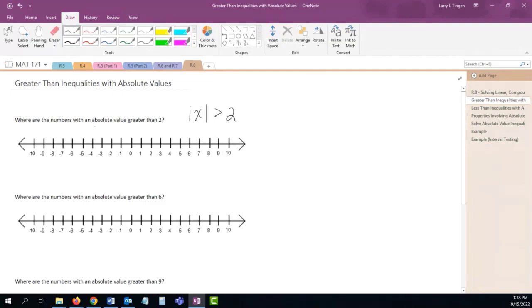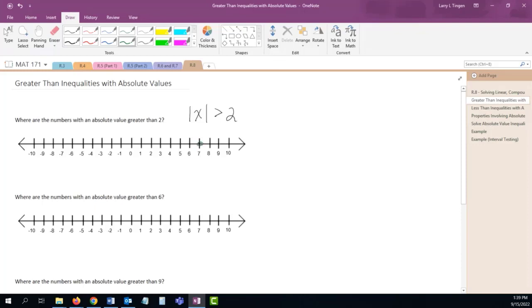So where are all the numbers with an absolute value greater than 2? Somebody give me an example. Just tell me a number that would make this true. Some value of x that makes this a true inequality. Seven.